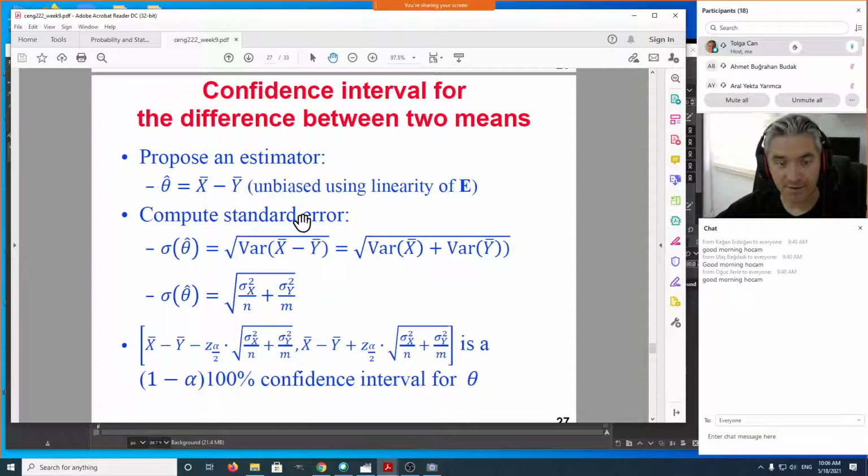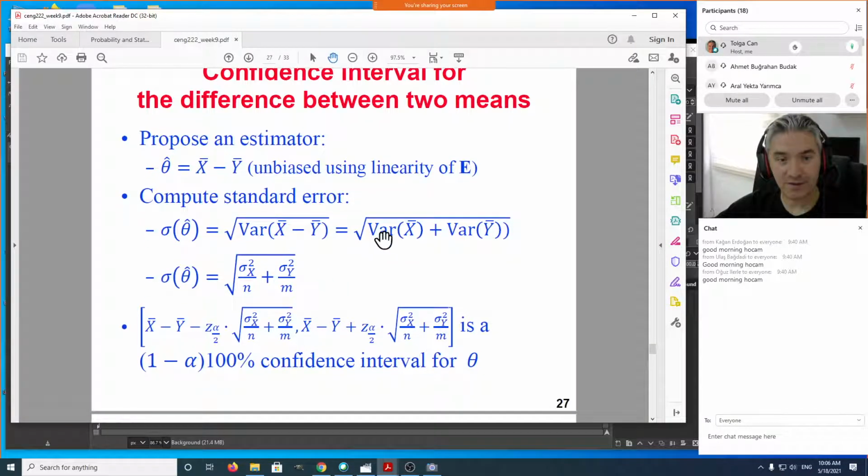And the standard error in this case, this is an interesting formula. Why is the standard error of the difference between two variables a summation of the variances of these two things? Shouldn't it be the difference between the variances?